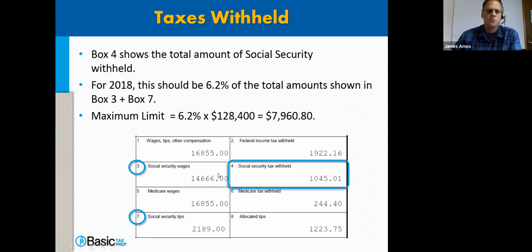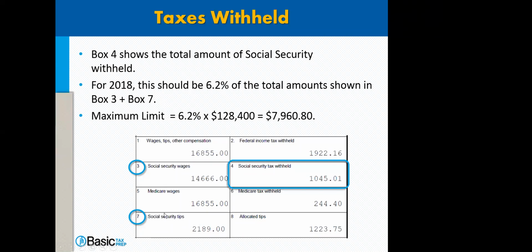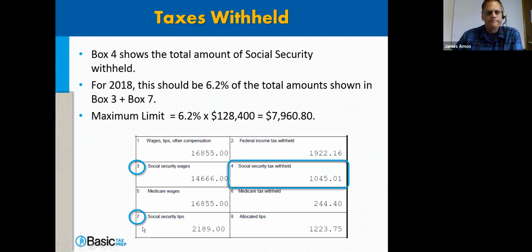Okay, so here's where I've got to explain something that I haven't explained yet. We touched on it, Garrett, so Garrett introduced the topic for us. Whenever you have income in this amount, these are wages that were not reported by the employee to their employer. Excuse me, tips that were not reported.